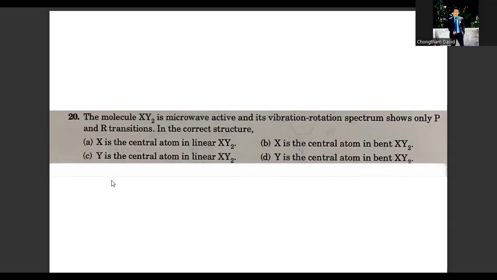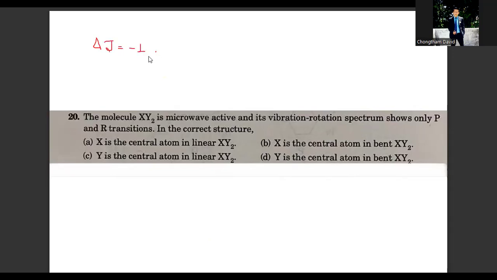The first step is microwave activity. A molecule is microwave active if it has a permanent dipole moment. This requires that the molecule is not symmetrical in a way that would cancel out the dipole moment. Number 2, the vibration-rotation spectrum. The P branch involves a transition with a decrease in the rotational quantum number, delta J equals -1.